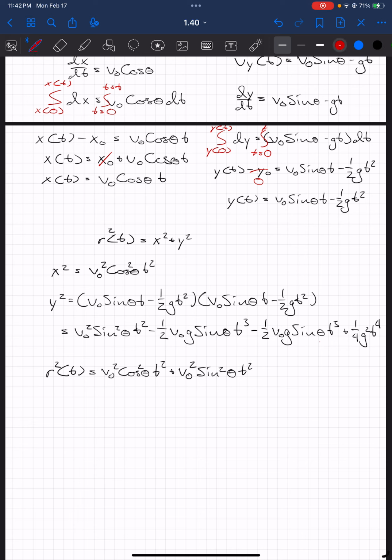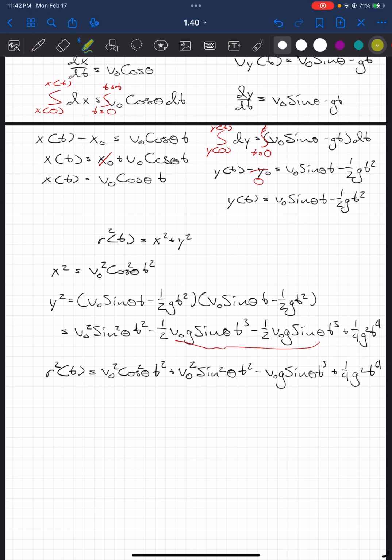And we are going to combine like terms up here to get just negative 1 v naught g sine theta times t cubed plus 1/4 g squared t to the 4th. So that is our ball's position as a function of time. We are now done with part A.